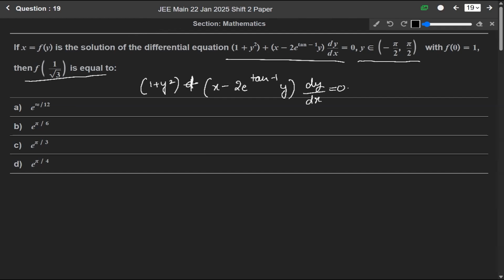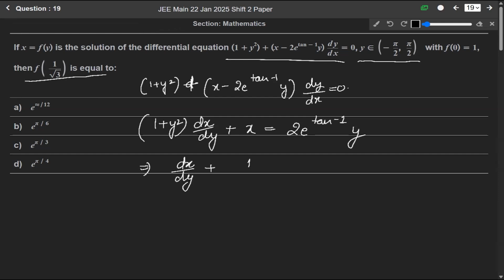Okay, so we can write it as (1 plus y square) dx over dy plus x equals 2e to the power tan inverse y. So this implies that dx over dy plus 1 over (1 plus y square) into x equals 2e to the power tan inverse y over (1 plus y square).